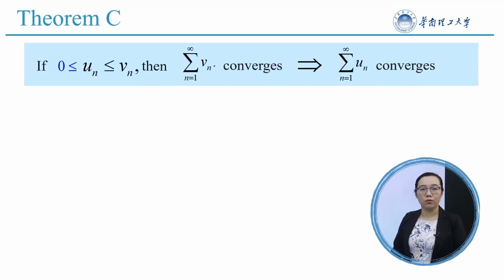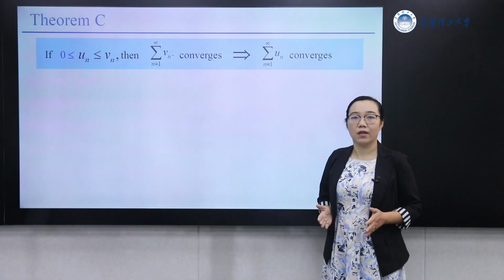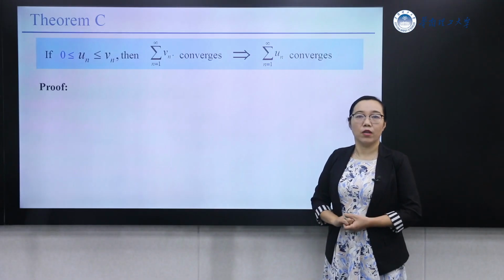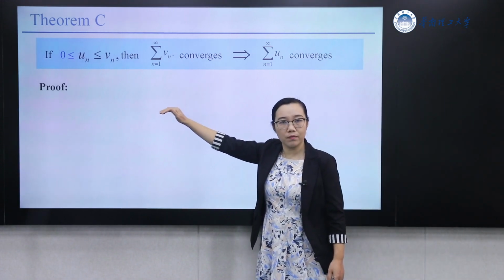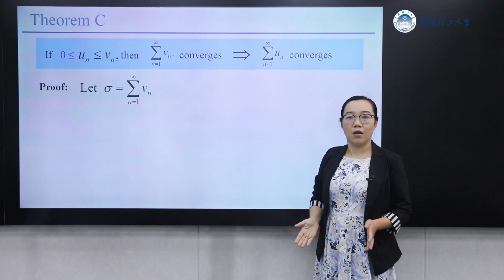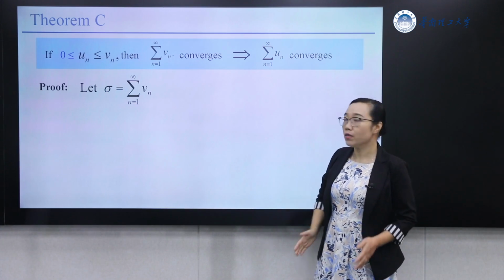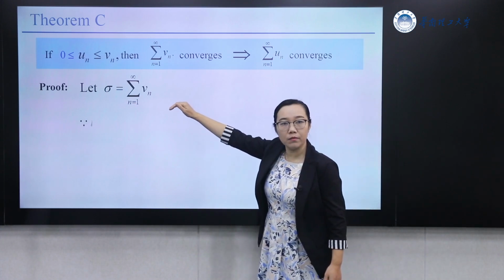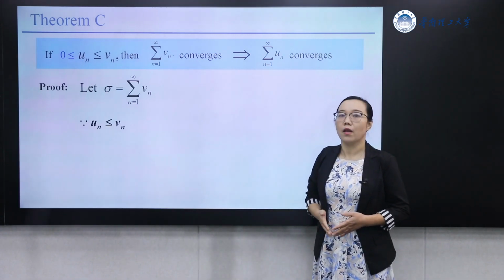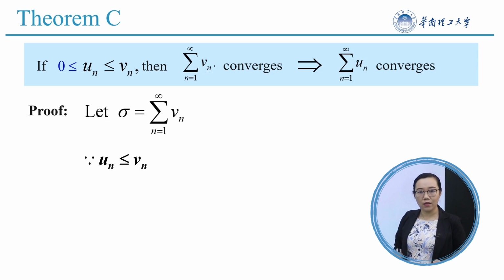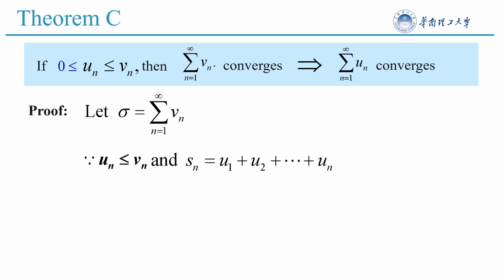In order to explain the above ideas and methods clearly, now we will give you the concrete proof process. Let sigma be equal to the summation of Vn. According to the given condition, un is less than or equal to Vn.